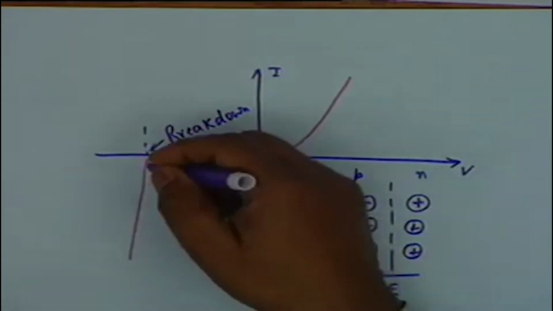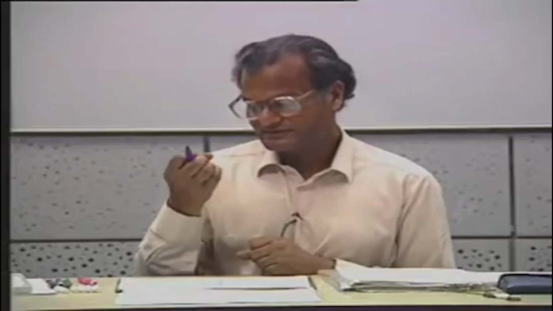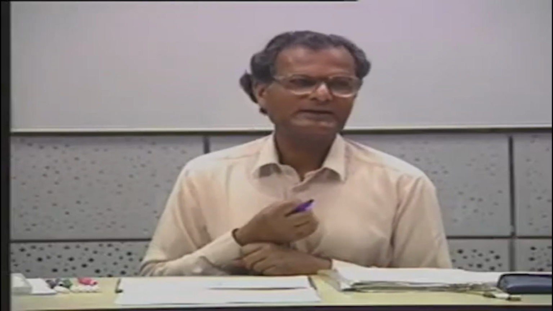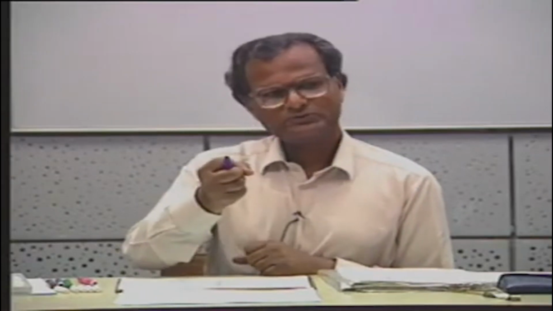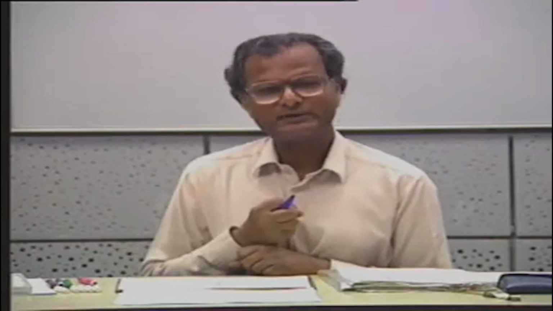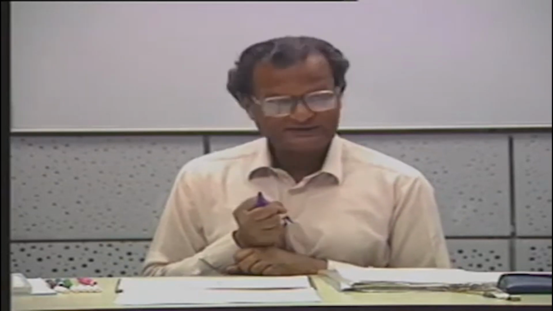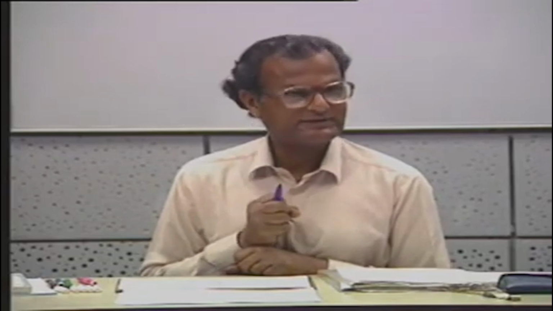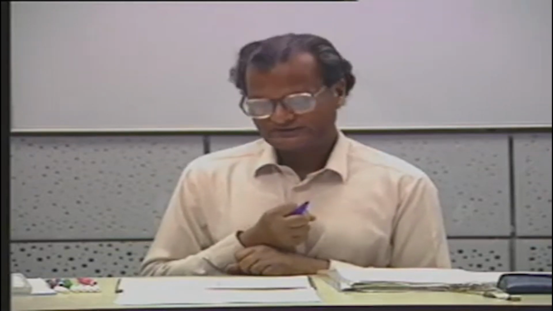It's marked by a certain voltage. Beyond this, the electric field is sufficient to generate carriers as a result of its ability to draw electrons from a covalent bond. After all, a covalent bond also has a certain amount of binding force. If the attracting force cancels this, then the electron gets free and carriers are generated.